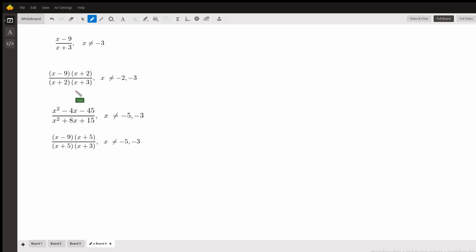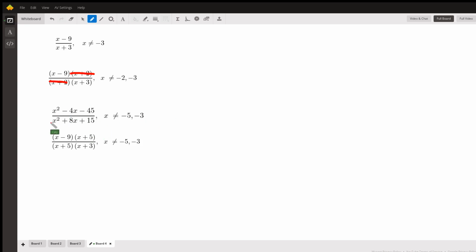On this one, we could simplify this into that by getting rid of x plus 2 over x plus 2. So x plus 2 divided by x plus 2 is 1. That's why we're able to do that. And this, we have to make sure that x is not -2 or -3 so that we don't get a 0 out of the denominator.